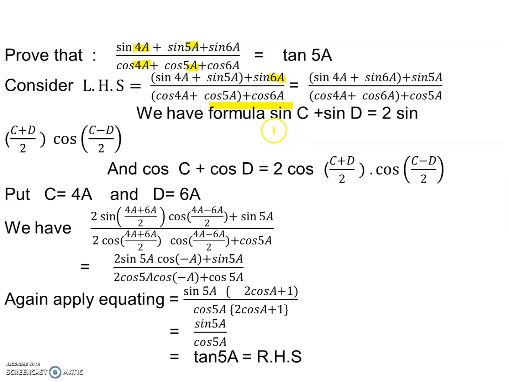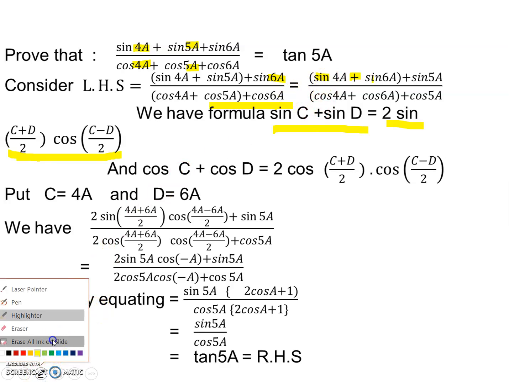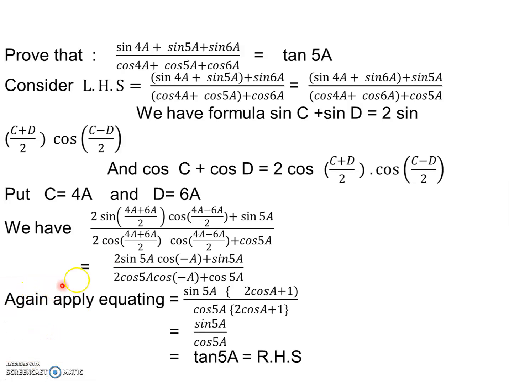We know that sin C plus sin D, because here the plus symbol is there, is 2 sin((C plus D) upon 2) into cos((C minus D) upon 2). In the denominator we have to use cos C plus cos D is equal to 2 cos((C plus D) upon 2) into cos((C minus D) upon 2).